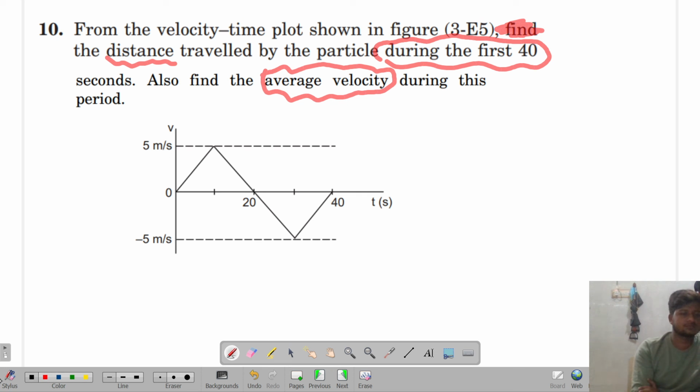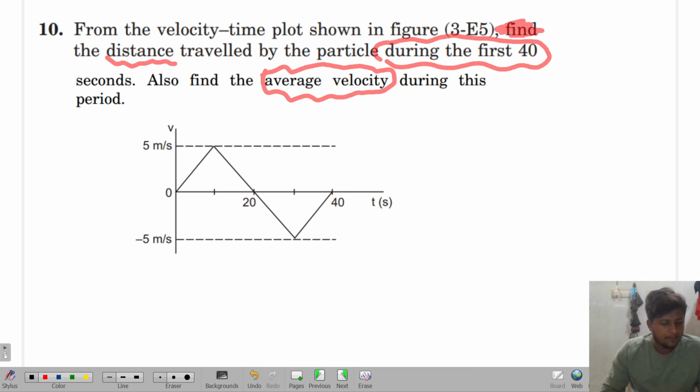Try to do it. I can't hear, guys. You have to tell it a little bit louder. 100 meter.